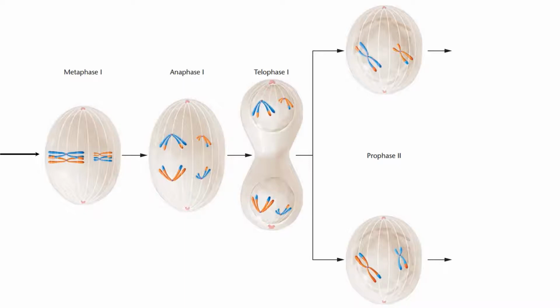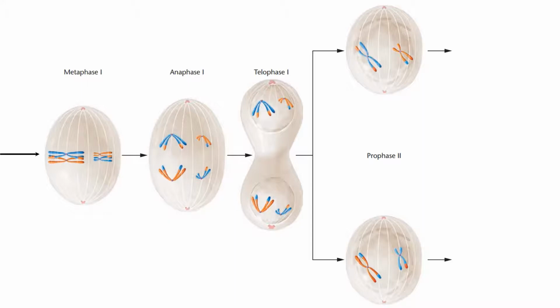And so the homologs now travel to opposite poles and become contained in two daughter cells, as we see here in telophase 1. And notice that in telophase 1, as it proceeds to prophase 2, the two daughter cells are not identical anymore.